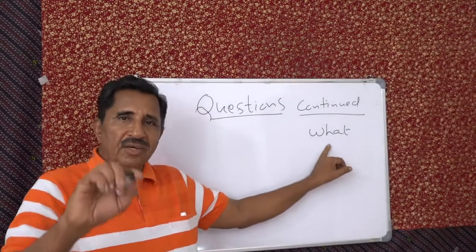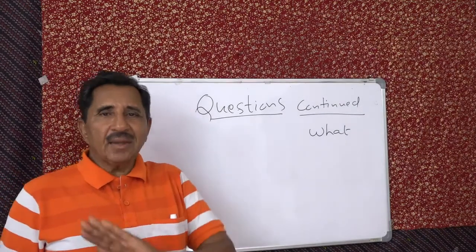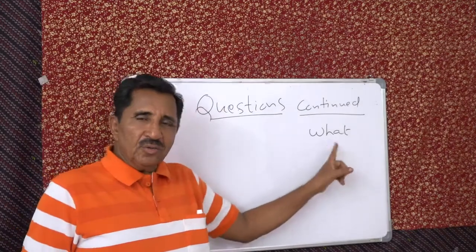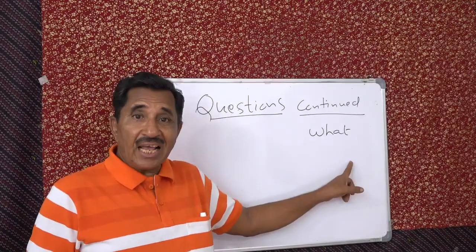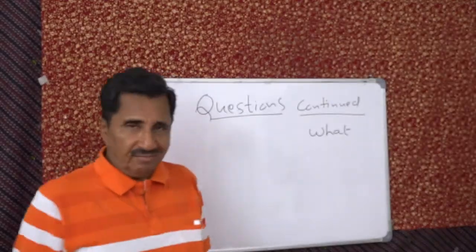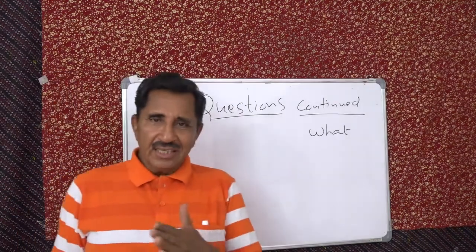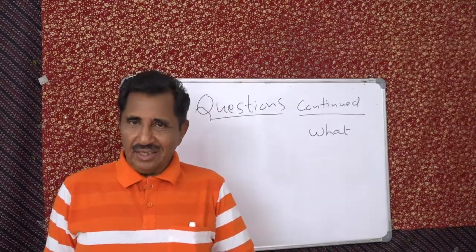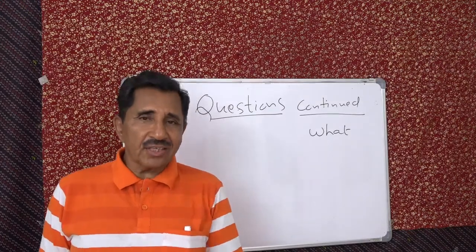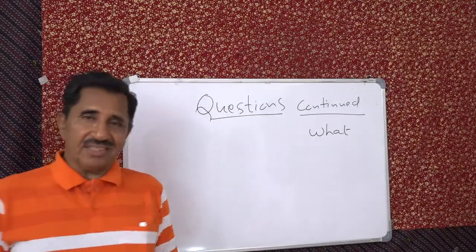So all the words that begin with WH you call WH words. Or since you are using this for asking a question, you call this a question word. We saw in the last class yes or no questions. Now what are we going to see? We are going to see WH questions or question word questions.